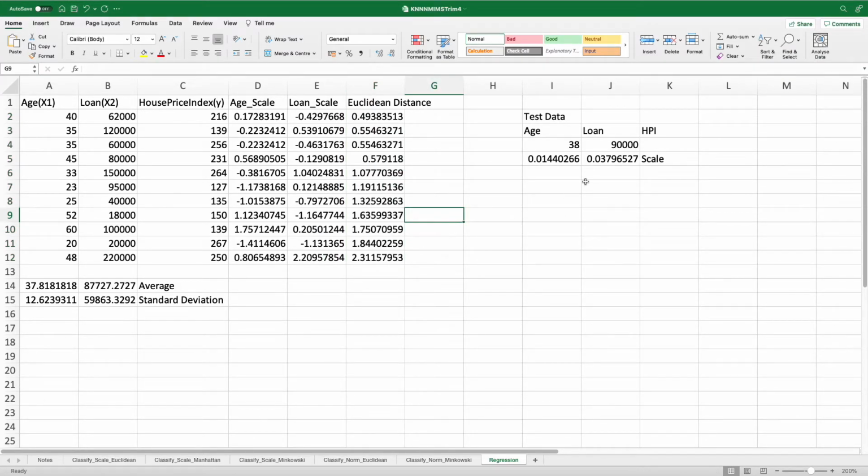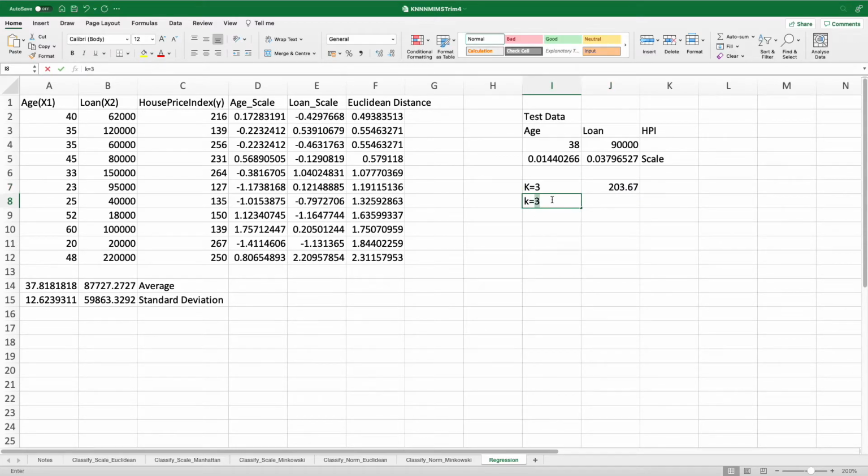You got it. So if k is equal to 3, the house price index, you can see in the bottom, the average, 203.67.